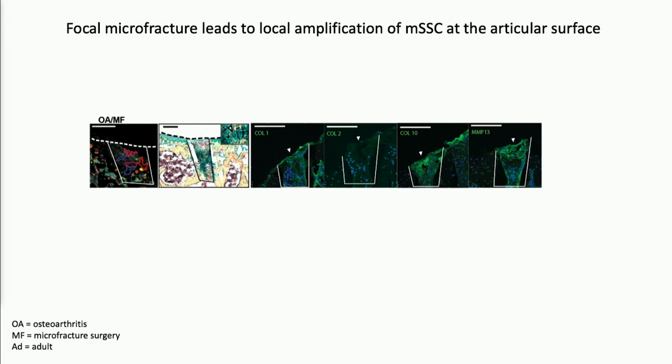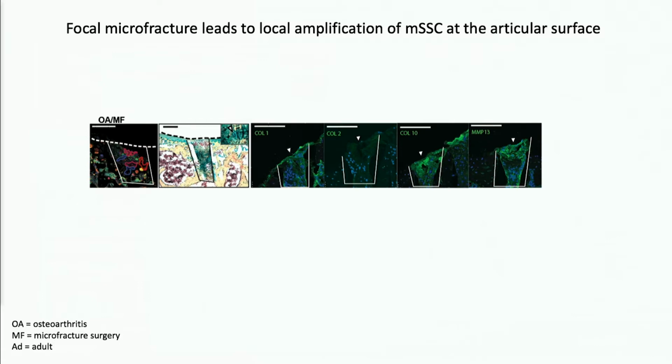And then we wanted to stain this to look at the cell surface markers of the cells present in this tissue. And we found positive staining for Col1, Col10, and MMP13. And these are all fibrocartilage cell surface markers. And we found minimal staining for Col2, which is an articular cartilage cell surface marker.